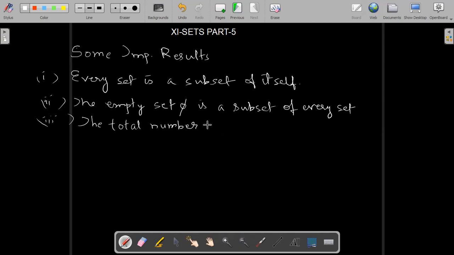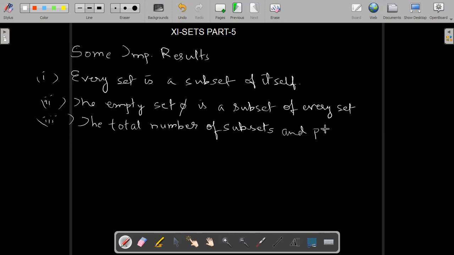Power set we will study next. So the total number of subsets and proper subsets of a finite set. Obviously, we can write the subsets of a finite set, not for an infinite set.